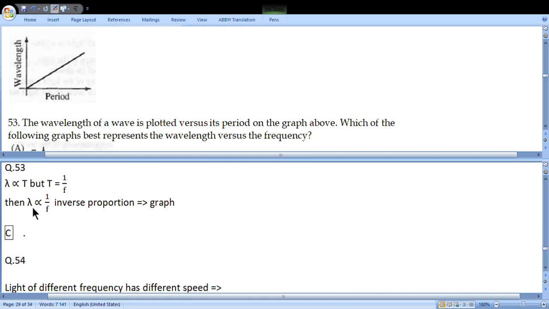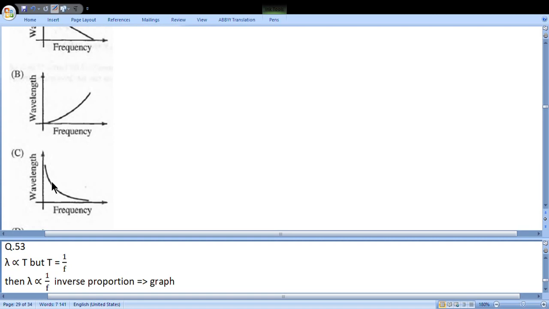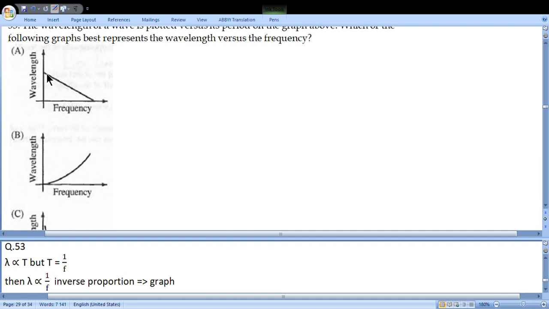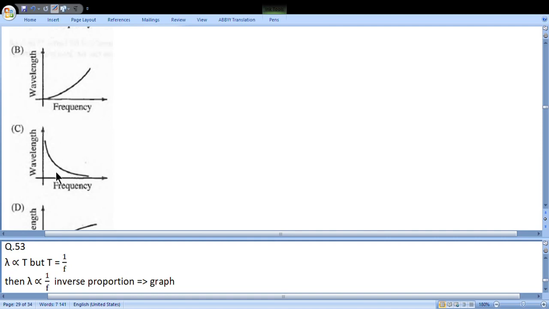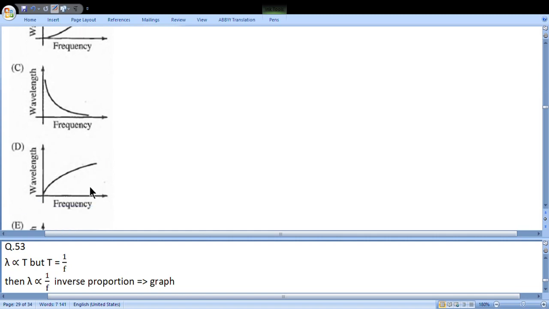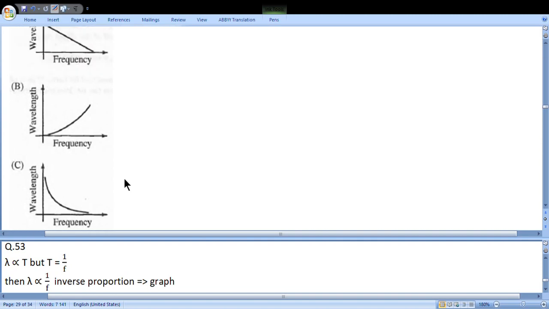It means that wavelength is inversely proportional to frequency, and inverse proportion we have in this graph. This is a graph for inverse proportion. For example, here wavelength decreases but frequency increases. Here they both increase. Here frequency increases, wavelength decreases, and vice versa. Here they both increase. Here wavelength is constant, so we choose this case C.